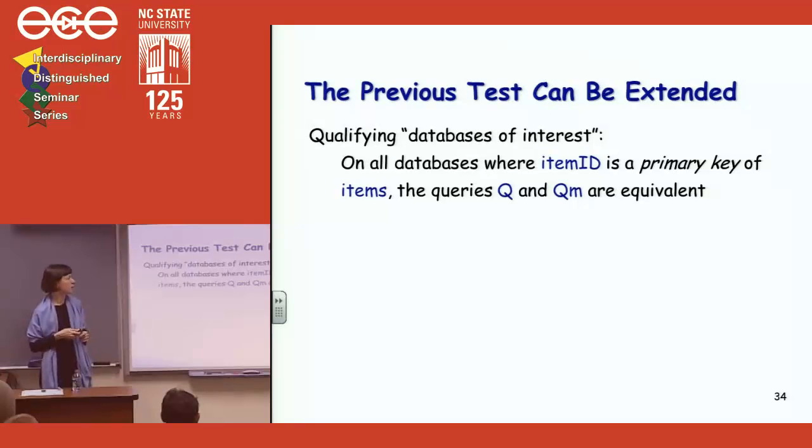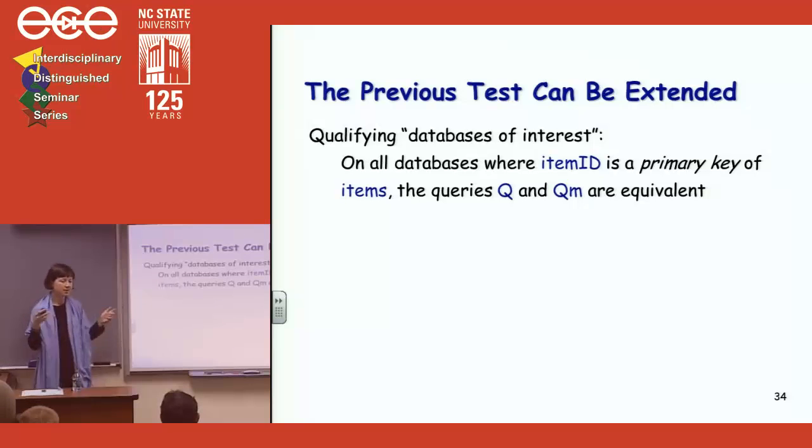How many of you have heard about the notion of a primary key of a table? Primary key of a table is an identifier in that table. So when you're thinking about the items table, for each item, there is a single name and a single category that's describing this item ID. So what we're saying is that there is a technical way of doing this in real database systems.